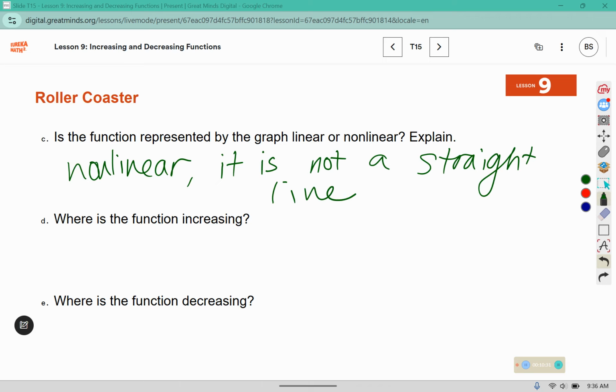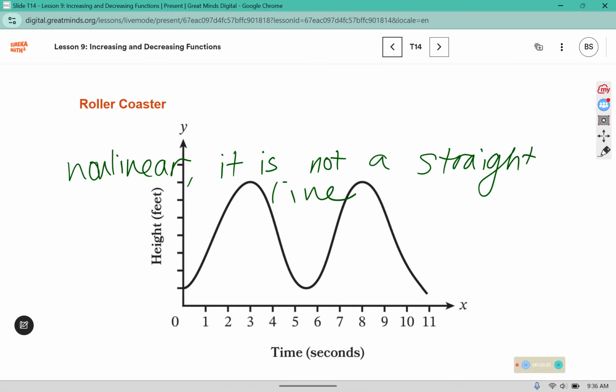Where is the function increasing? Well, the function increased from 0 to about 3 seconds, and then from about 5.5 seconds to about 8 seconds.